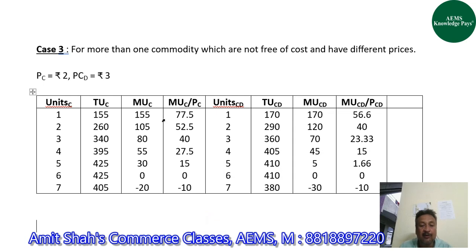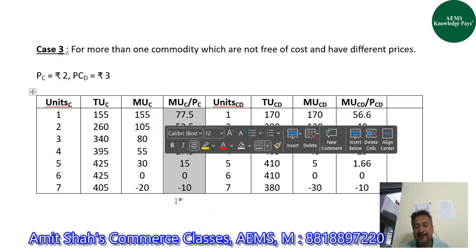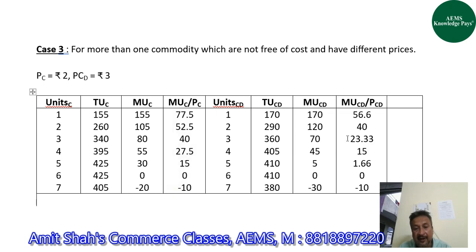So how much satisfaction he is getting from each rupee by consuming chips is in this column, guys. And the same is for consuming cold drink. Here he purchased the first unit of cold drink and paid rupees 3 and got 170 utiles. So for every rupee he got 56.6 utiles.